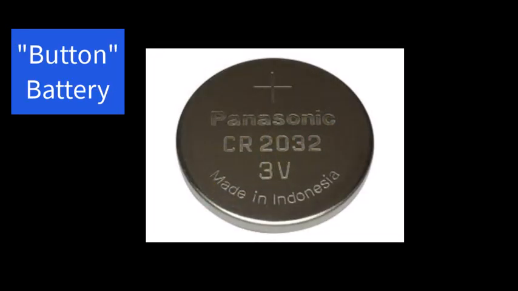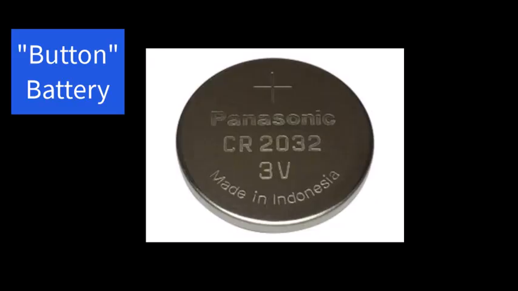Now, last but not least, we're going to talk about button batteries. Button batteries are called button batteries because they look similar in size and shape to a button you might find on your shirt. They power devices at a 3-volt requirement. Now, they're much smaller than other batteries that we've discussed, like AA or AAA, and they have specific uses. Some people call them watch batteries, and they come in different sizes.